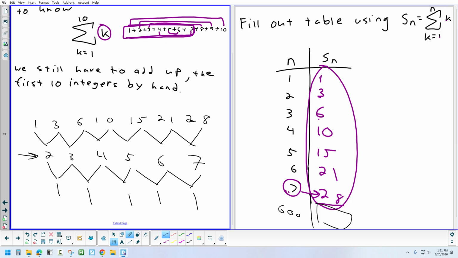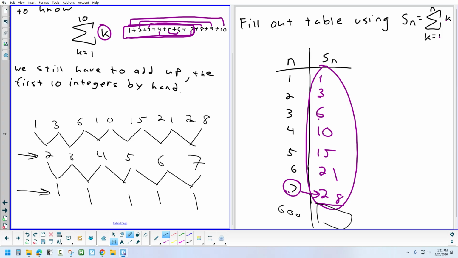How many times did I have to do this process of finding differences before I ended up with a row of constants? Twice. That means this pattern is going to have an exponent of 2. And if we have a polynomial and the highest exponent is a 2, what kind of polynomial does that make it? Yeah, quadratic. So this is a quadratic pattern, so it involves something squared somehow.